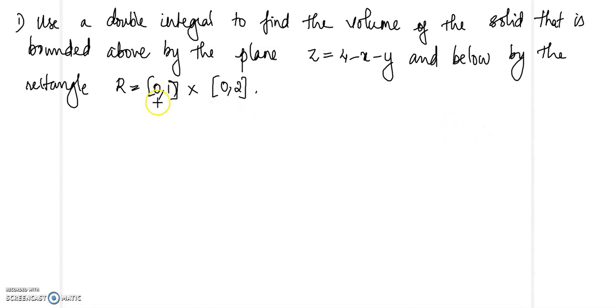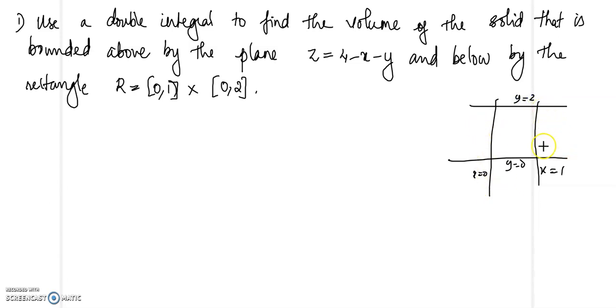So here x varies from x equal to 0 to x equal to 1, and y equal to 0 to y equal to 2. So that's how the region looks in the xy plane. Now we have a surface like this.